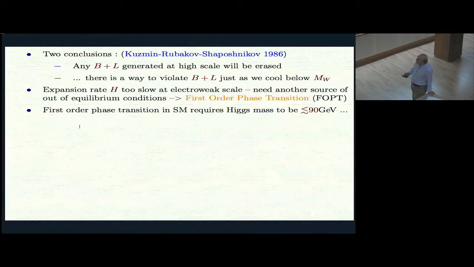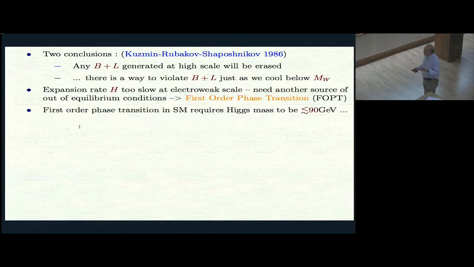Okay. So based on this Sphaleron idea, Kuzmin, Rubakov and Shaposhnikov came to argue that there are at least two obvious conclusions. If there is any B plus L generated at a high scale, it will be erased by Sphalerons by the time you arrive at the electroweak scale. But then there is in fact a way to violate baryon plus lepton number as we cool towards the electroweak scale.